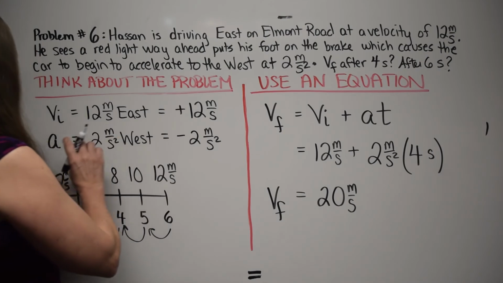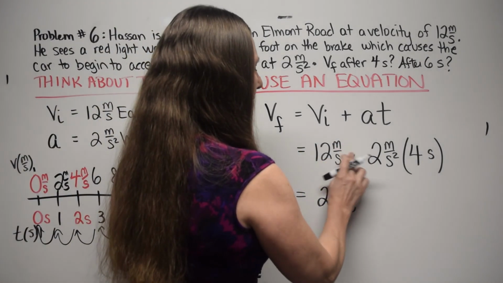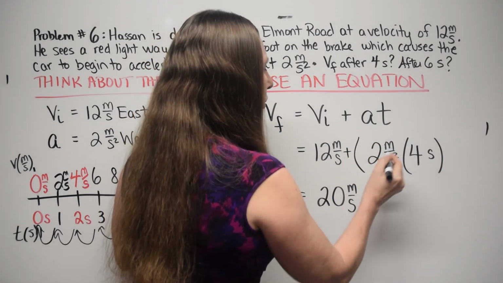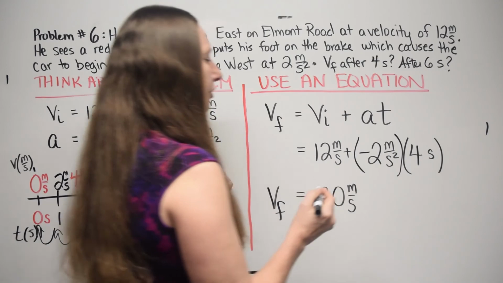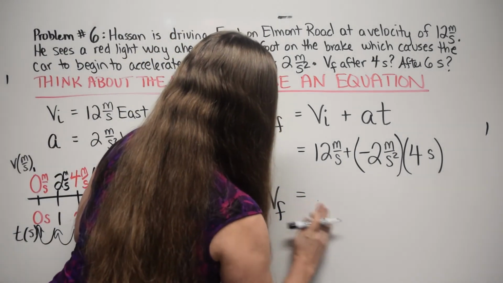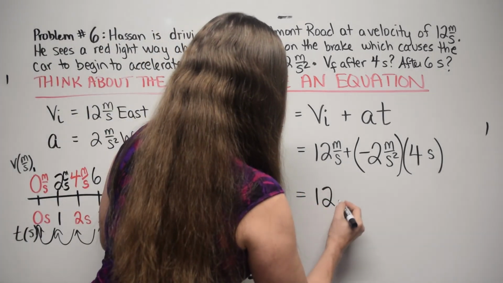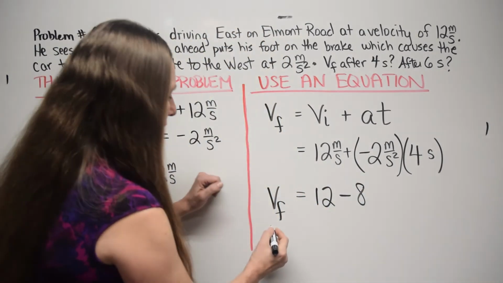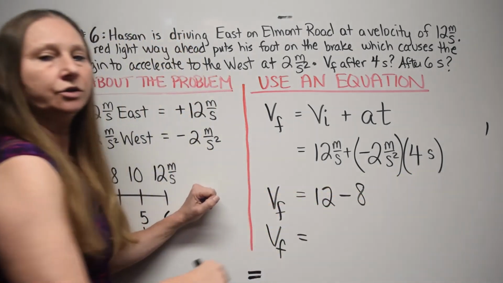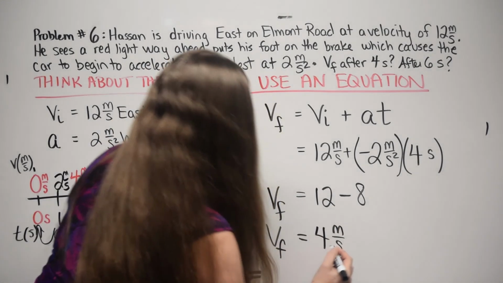East is positive, west is negative. So this 2 right here, what you're doing is adding the quantity -2 times 4. To make this correct, it's 12 minus 8. Your final velocity after 4 seconds is 4 meters per second.